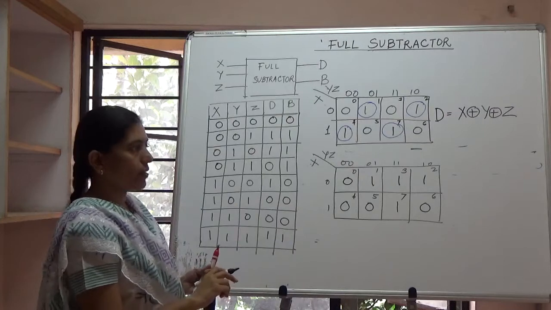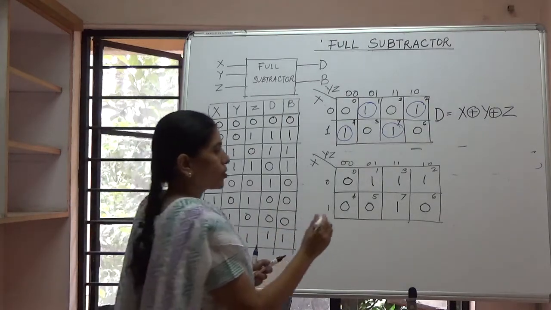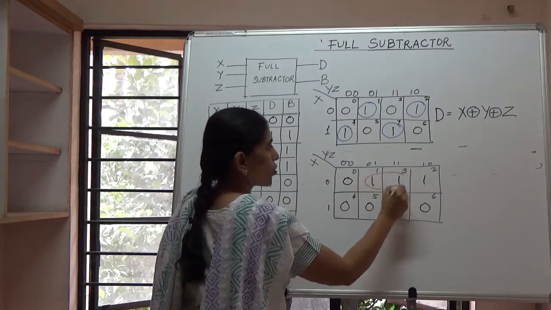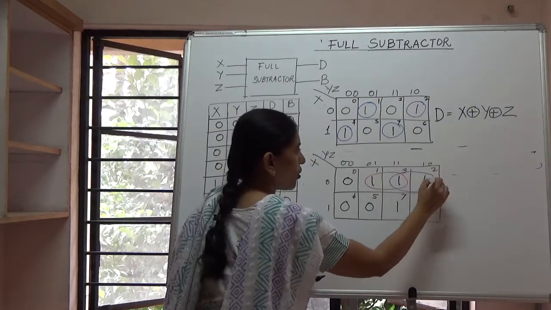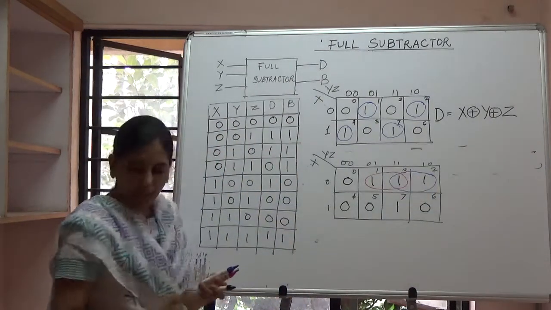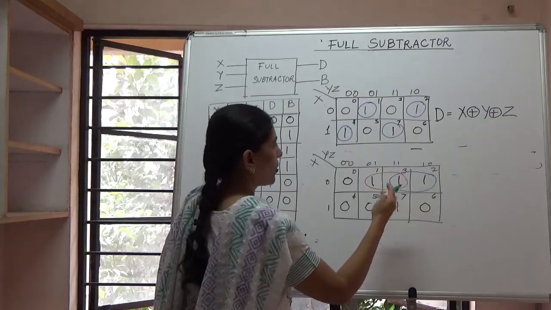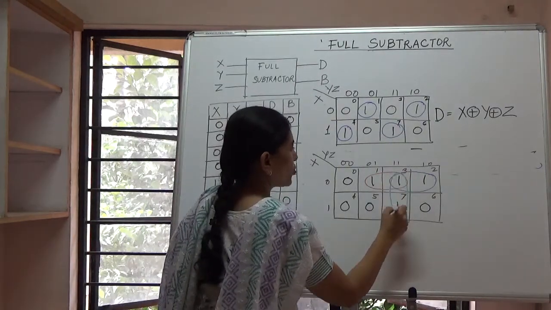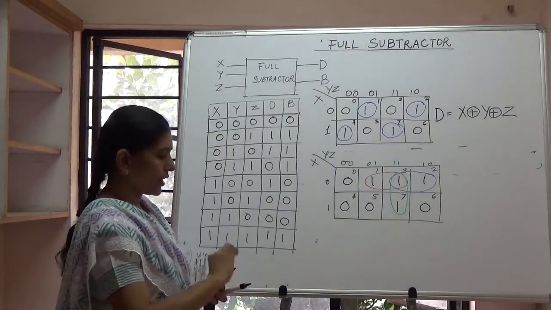And now we can make groups of 2 ones. So let's make this group of 2 ones, another group of these 2 ones, and a third group of these 2 ones. Let us write the expressions for these.